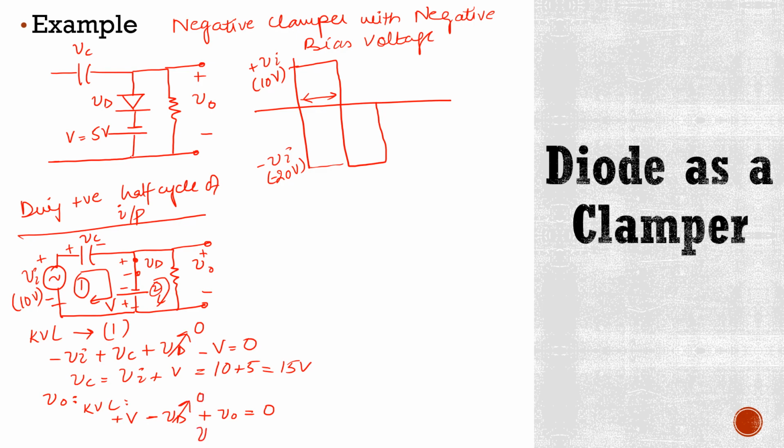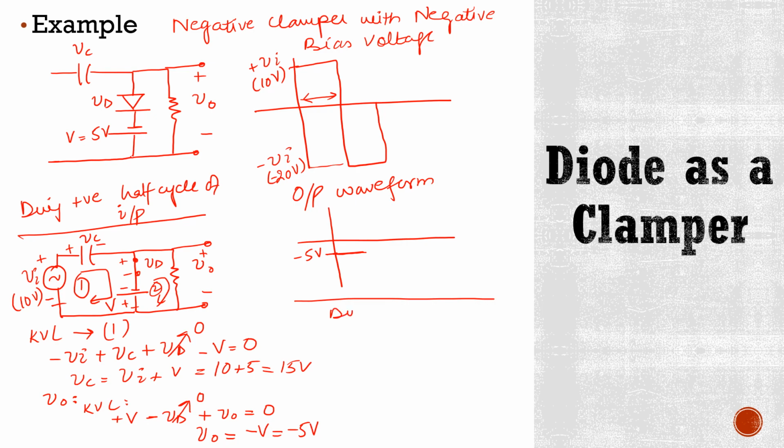It means this output voltage is equal to minus V, which is 5, so it is minus 5 volts. Okay. So your output waveform during positive half cycle is minus 5 volts.